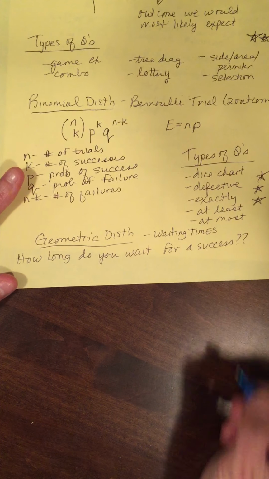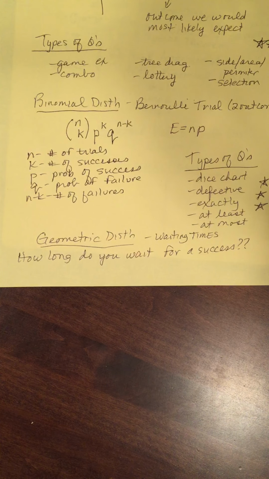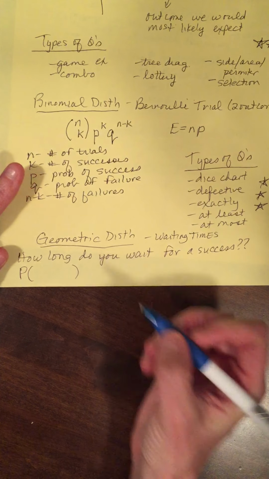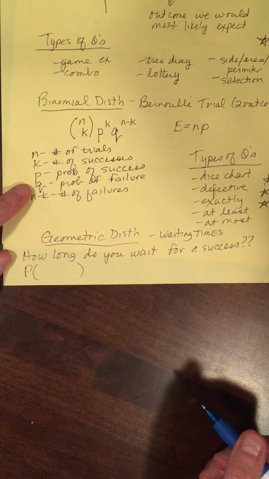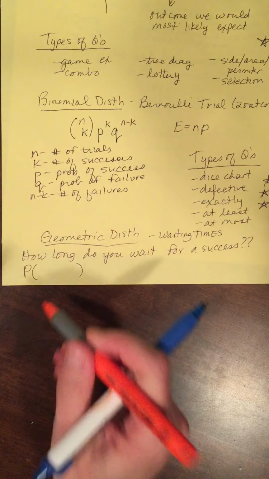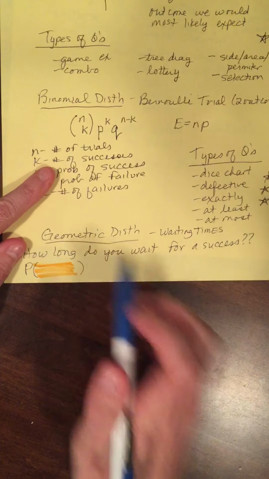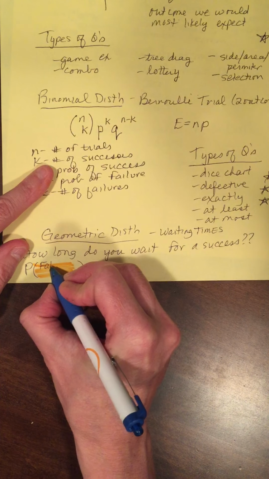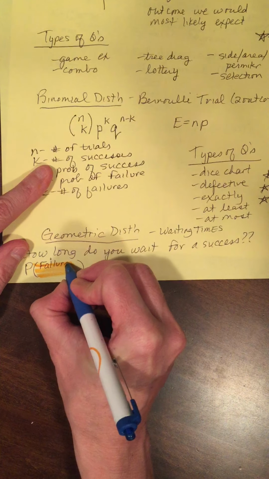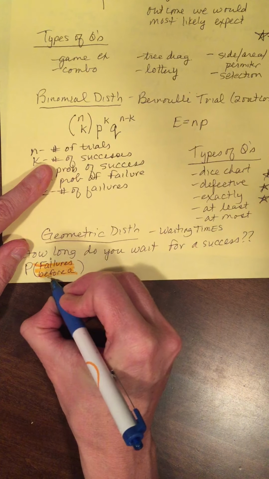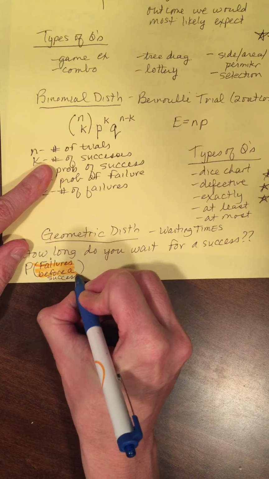And that's really super important, because with a geometric, when I write down the formula, what's different is right here. It's the probability of failures before getting the success. So you gotta be really careful with these.